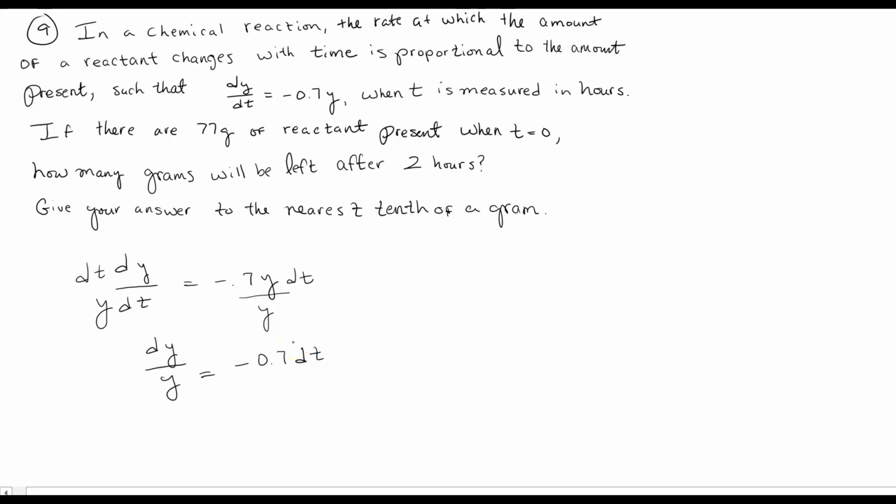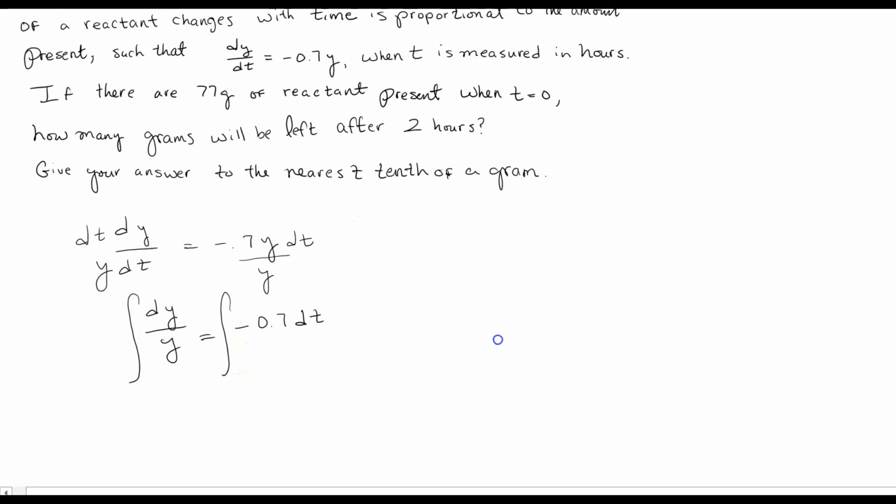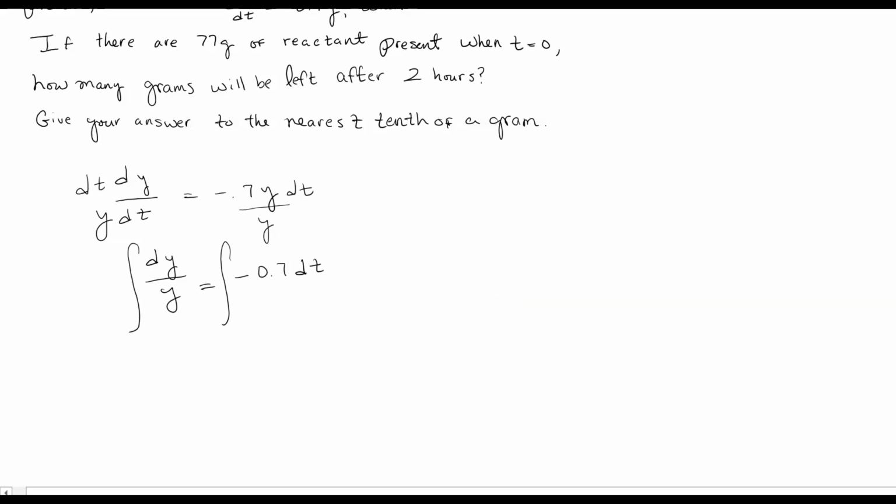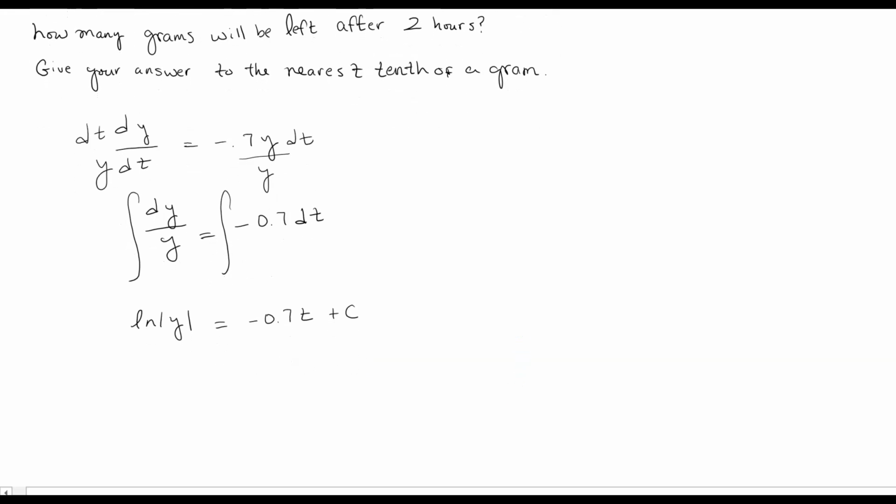That's not terribly difficult to integrate, and we're going to do just that. The left-hand side gives us the natural log of the absolute value of y, whereas the right-hand side gives us a very simple power rule, and we end up with negative 0.7t plus the constant of integration c, which we'll be looking for very shortly.